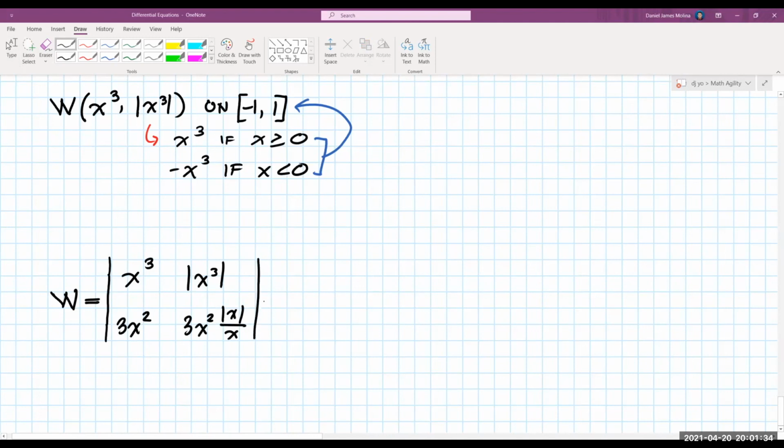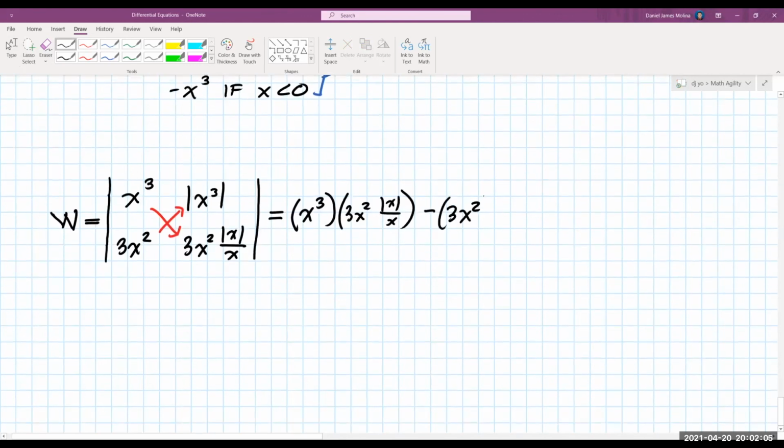By taking its determinant, using cross multiplication and subtraction since it's a 2 by 2 matrix, the determinant will be x cubed times 3x squared absolute value of x over x, minus 3x squared times the absolute value of x cubed.